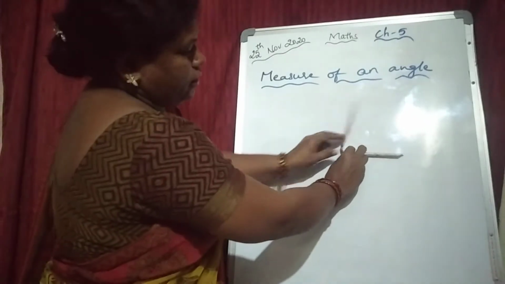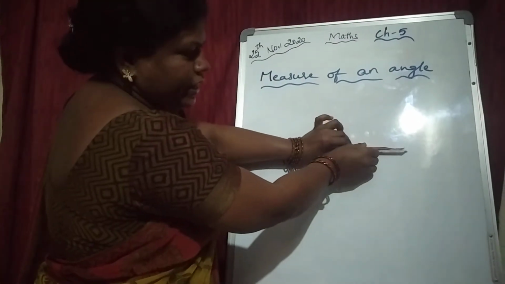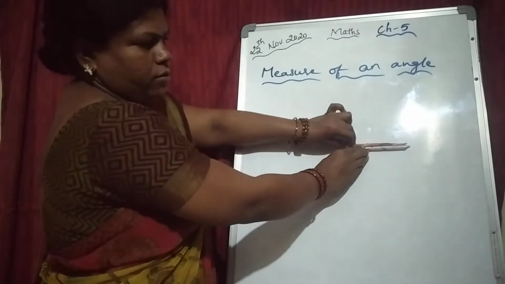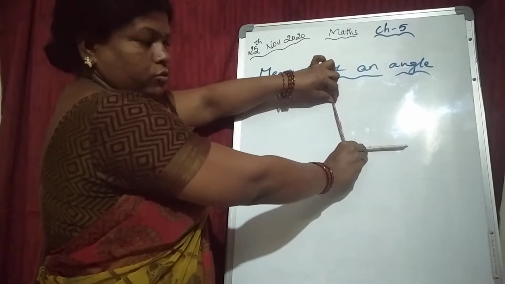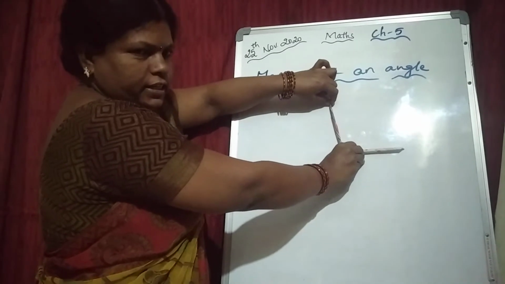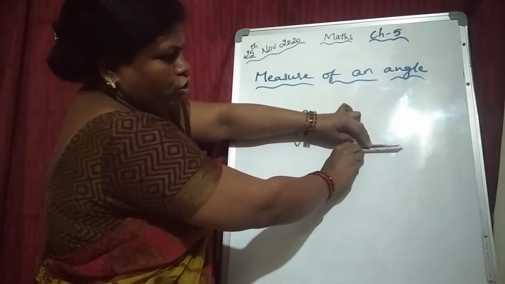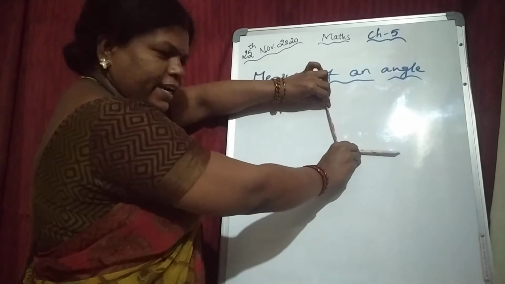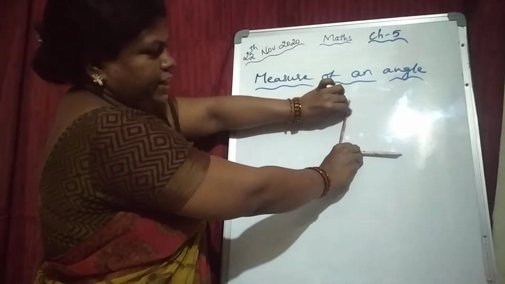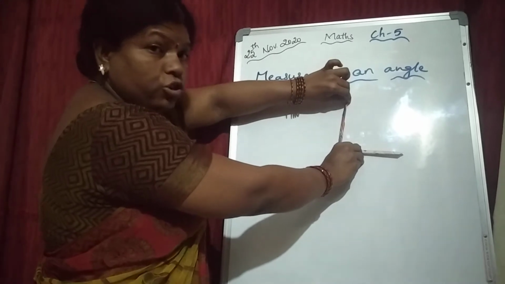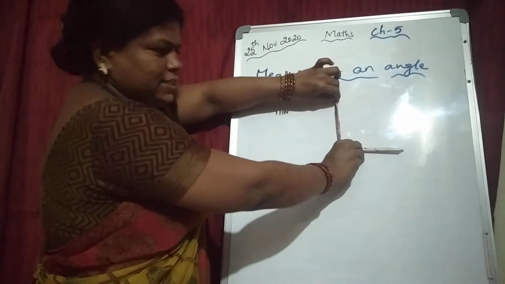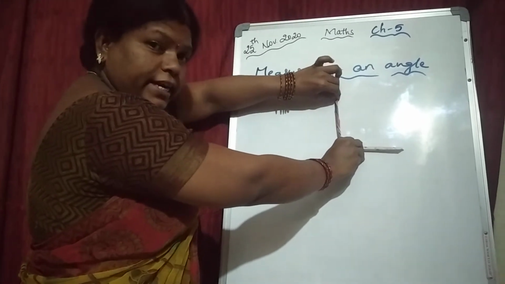Clear? From 1 degree to 89 degrees, not 90, less than 90, we call it an acute angle. 90 degrees we call a right angle.